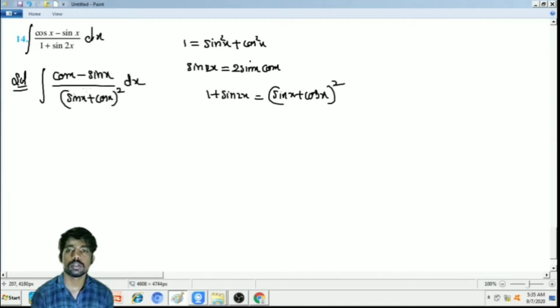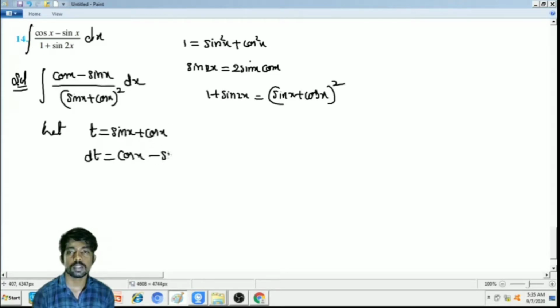Let us assume t is equal to sin x plus cos x, then dt is equal to the differentiation of sin x plus cos x, that is (cos x minus sin x) dx. So in the place of (cos x minus sin x) dx, I can substitute dt. So I am substituting dt by t square.